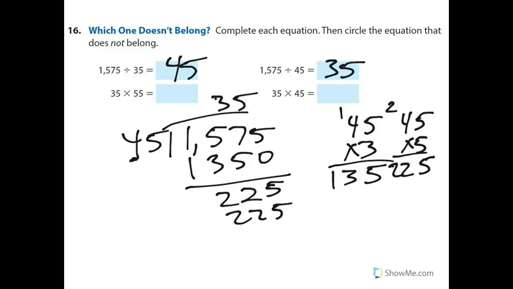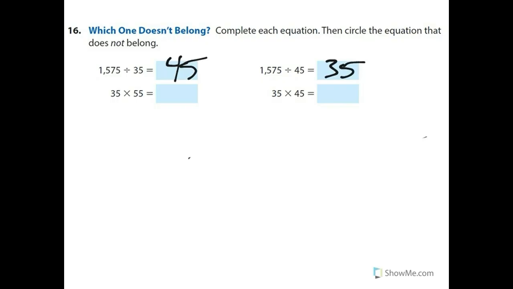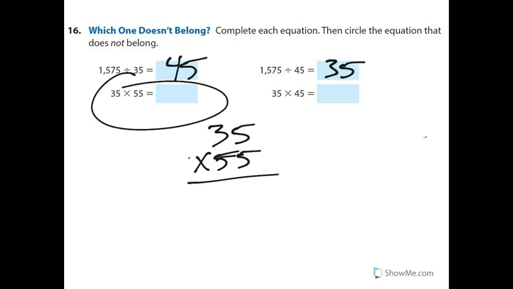Alright, now let me do my multiplication. So 35 times 55. I can pretty much already see which one doesn't belong. I think it's this one. 5 times 5 is 25. Carry my 2. 5 times 3 is 15. Plus 2 is 17. Drop my 0. 5 times 5 is 25.